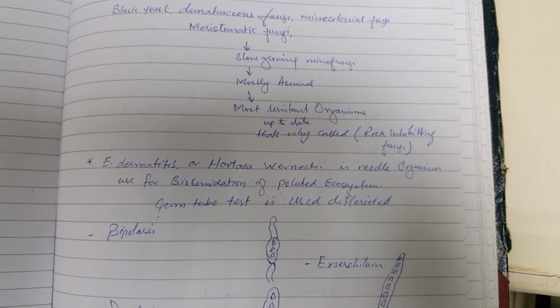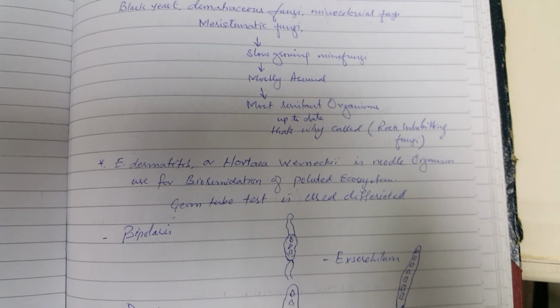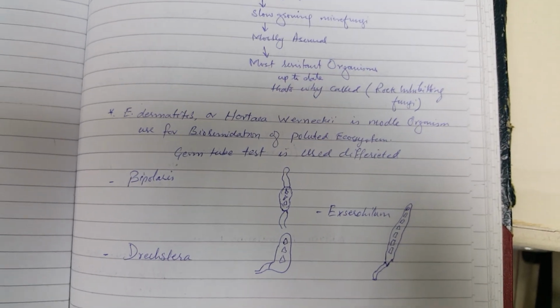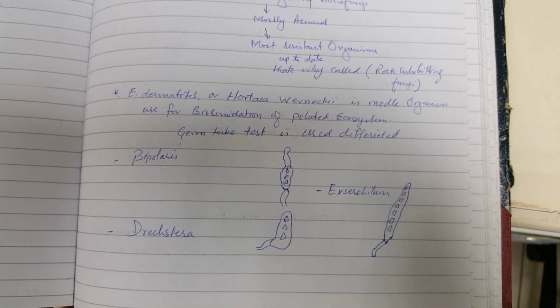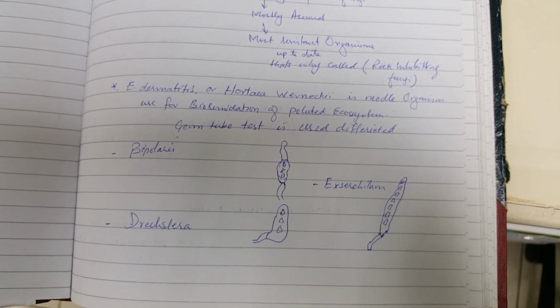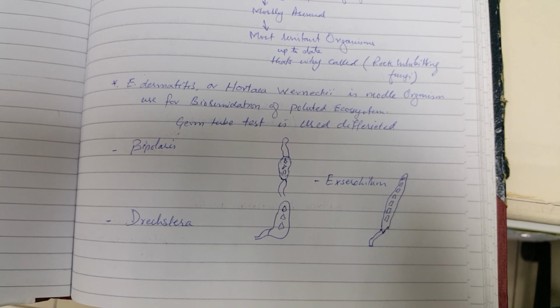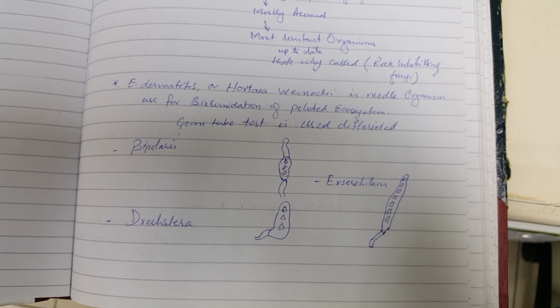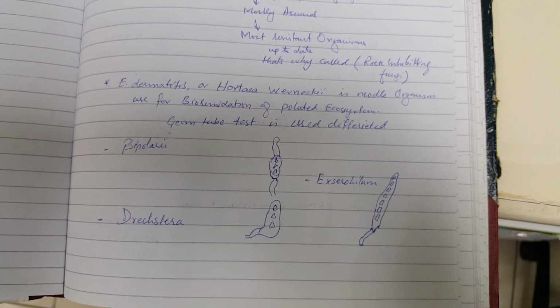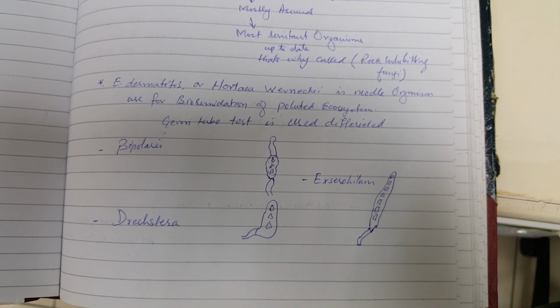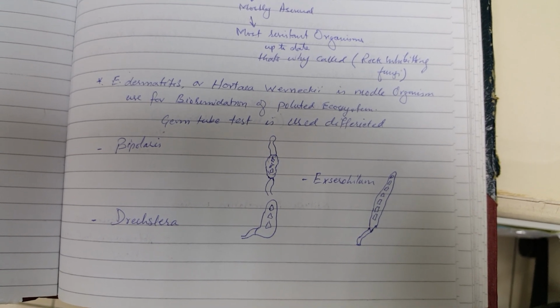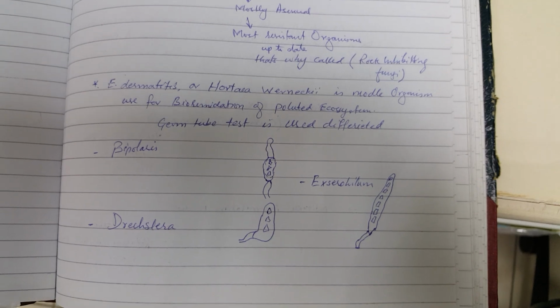The germ tube test is widely used to differentiate these three black yeasts from each other. In the germ tubes, Bipolaris, as the name indicates, has bipolar germination, Drechslera has only a single pole, on the left side, and Exserohilum is long and elongated.